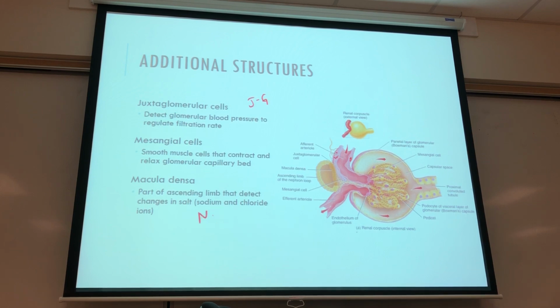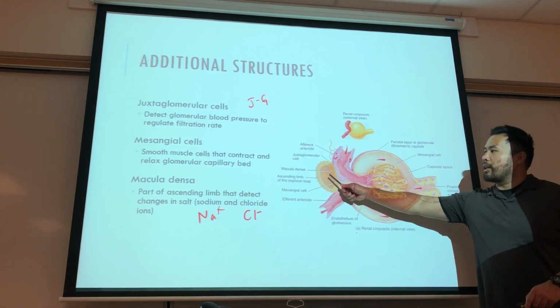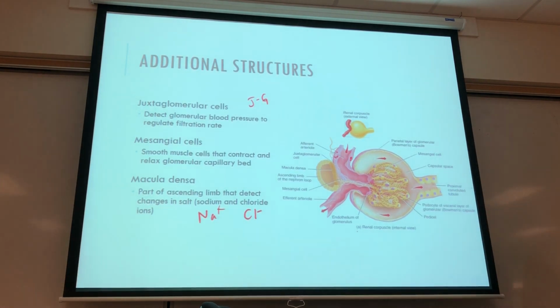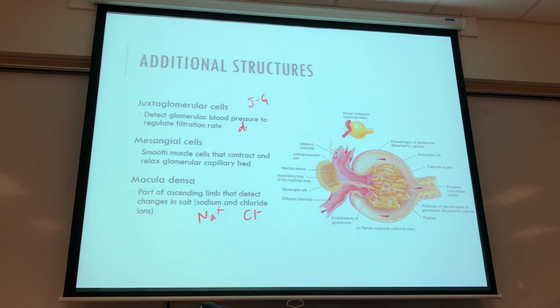They're looking specifically at sodium as well as chloride ions. So this is our indirect measure, which I'll talk about later. The JG cells are our direct measure of blood pressure, and the macula densa is our indirect measure of blood pressure and blood flow.